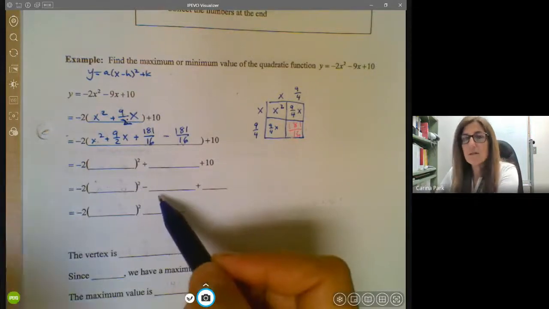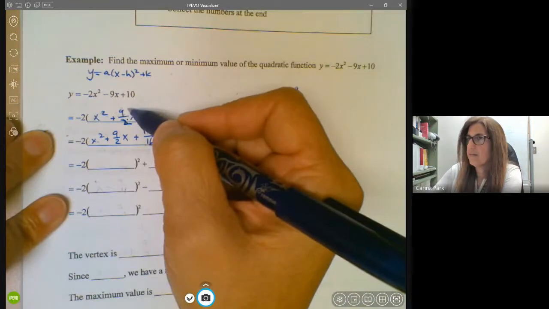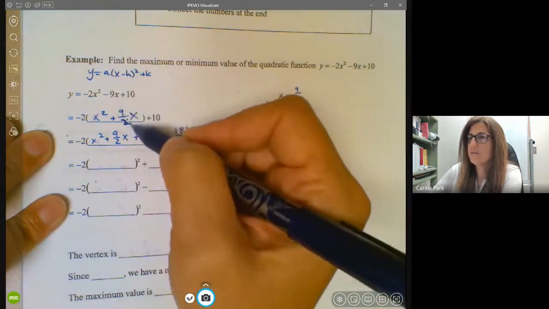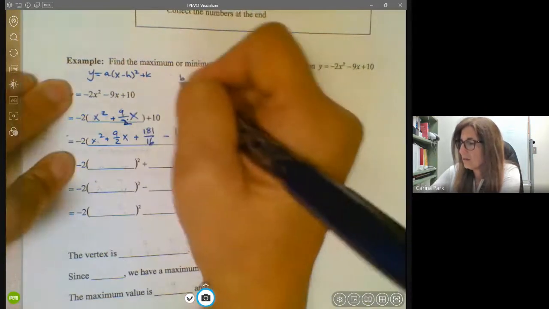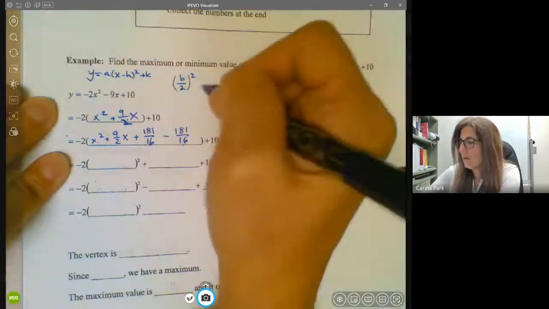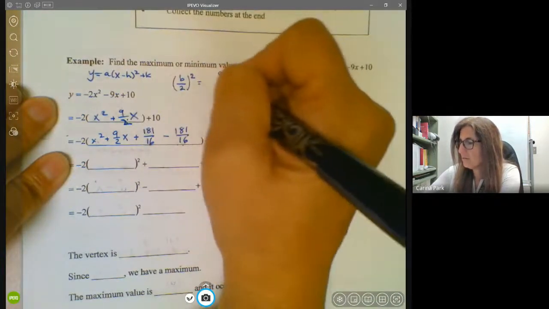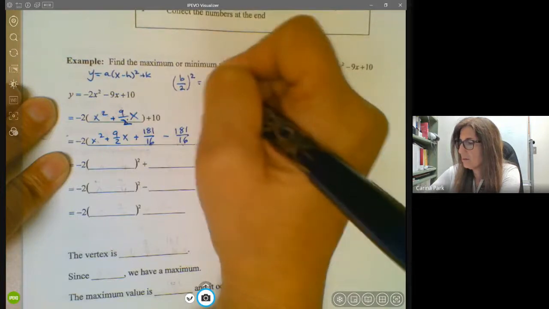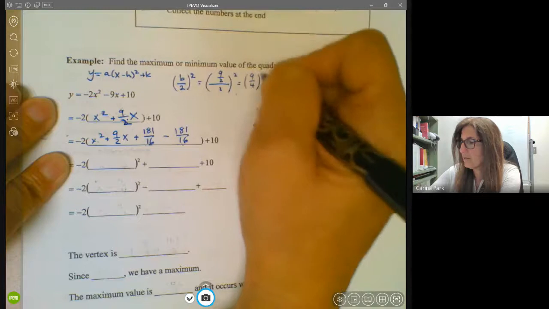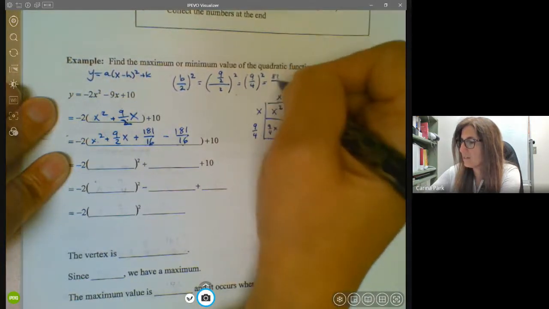Okay. Last year, what you learned is here's the b value, right? Here's your b, ax squared plus bx plus c. So here's your b is 9 over 2. You take your b divided by 2 and you square it. So b divided by 2, so 9 over 2 divided by 2 squared is 9 over 4 squared, which is 81 over 16.